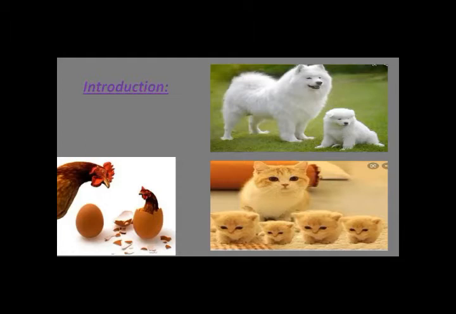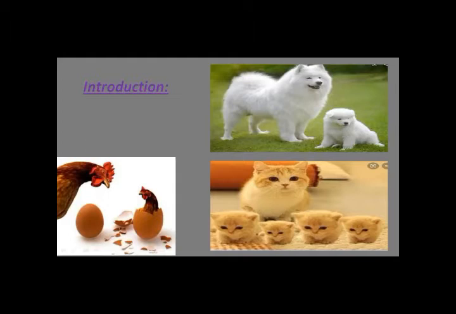It means all animals have a life cycle. A cycle, okay, beta, is something that happens over and over again. Like when a hen lays an egg and the egg hatches and a chick comes out of the egg.